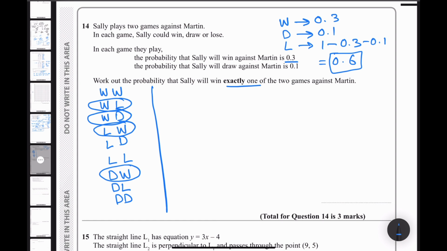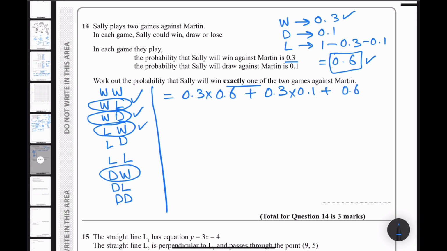So the probability of win-lose, probability of winning is 0.3. We'll multiply 0.3 with the probability of losing, that is 0.6. This is one of the combinations, plus now the second one is win-draw. Win is 0.3 and draw is 0.1, plus lose-win.